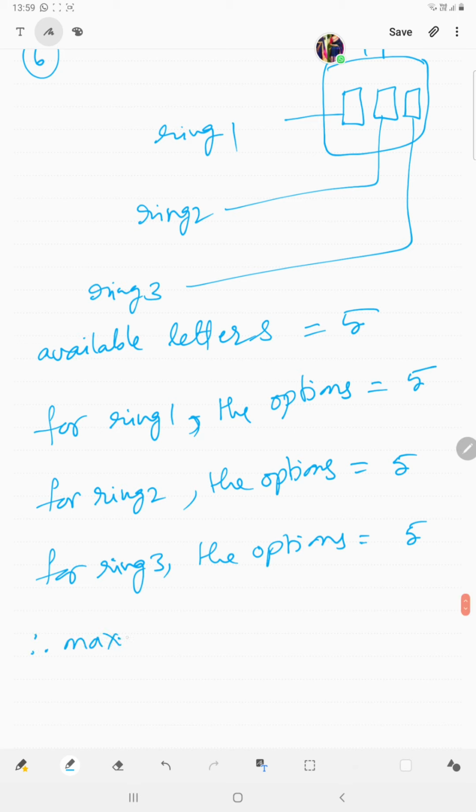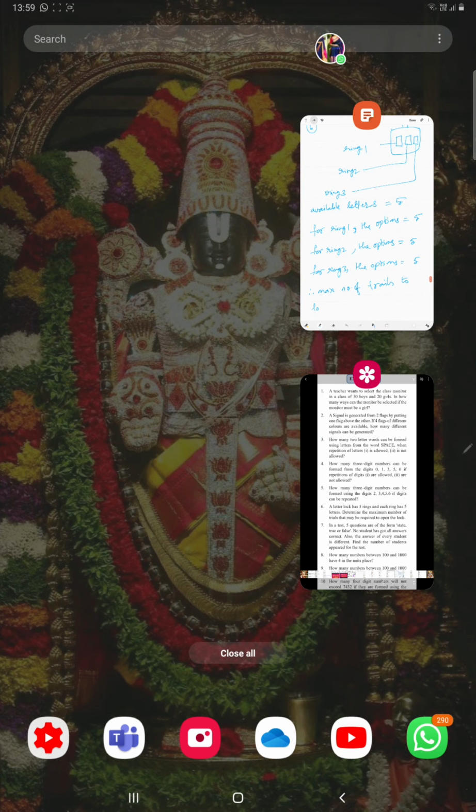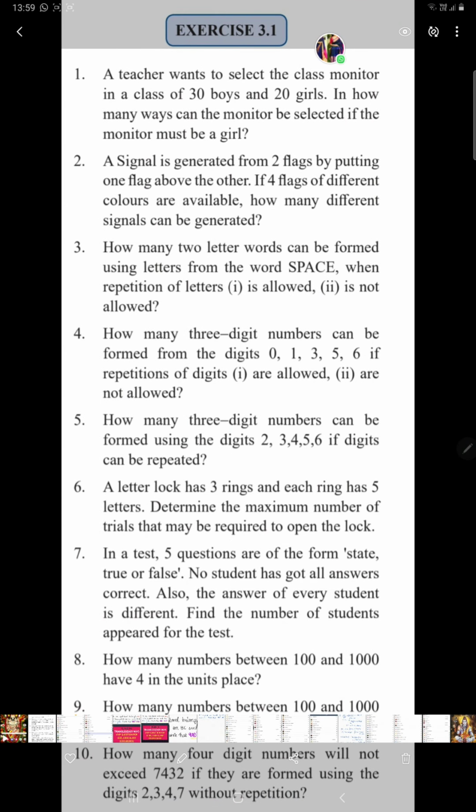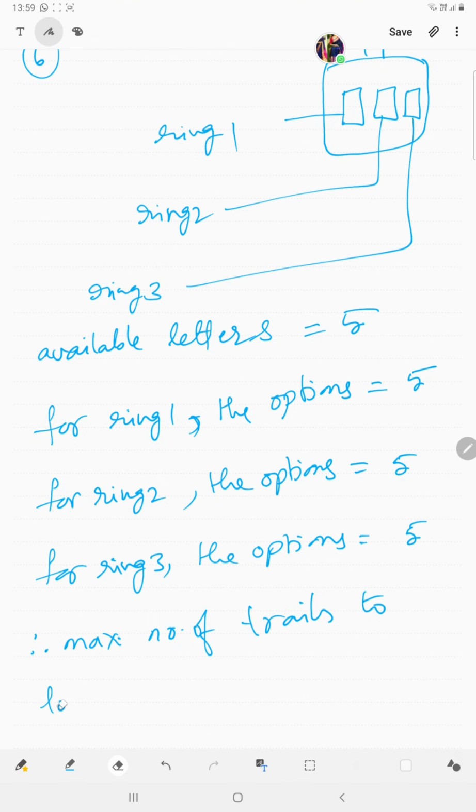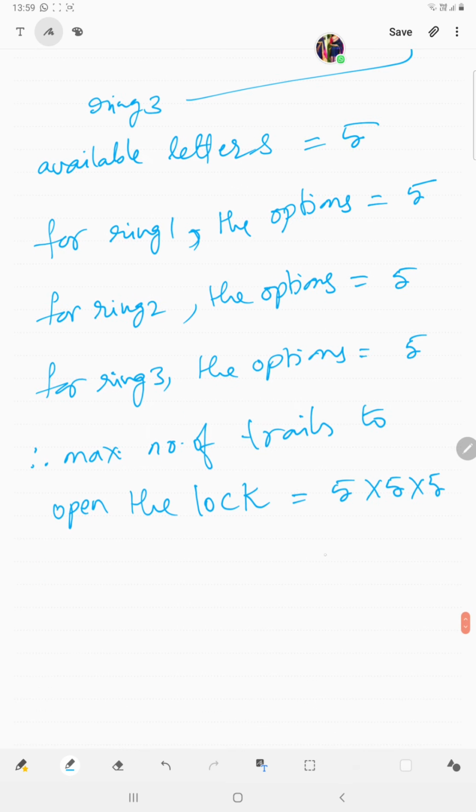Therefore, maximum number of trials required to open the lock is 5 into 5 into 5, which is equal to 125 trials.